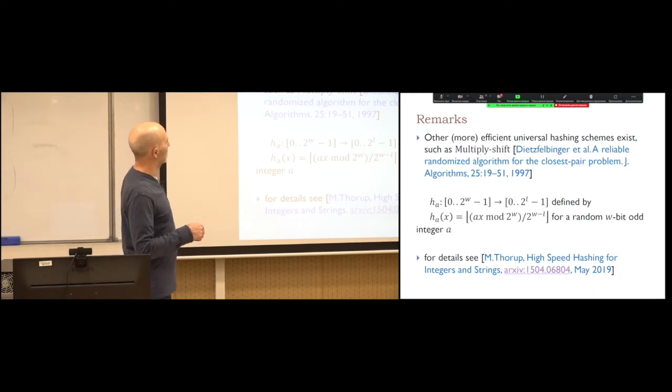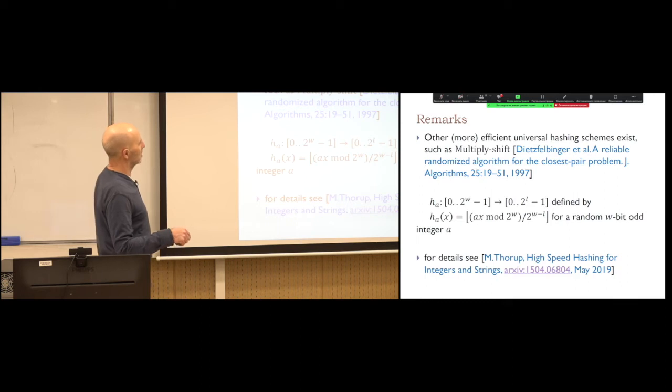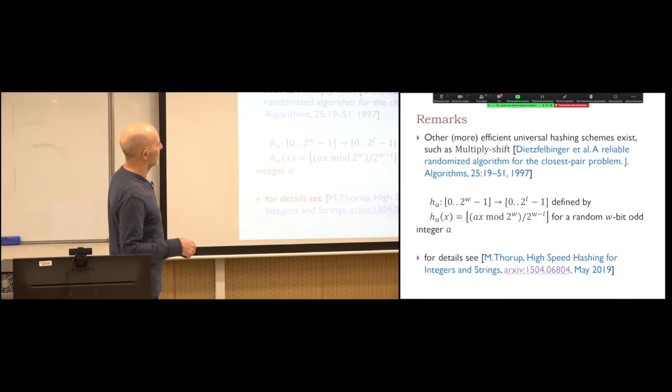And here is yet another construction which is actually very simple. I don't remember if it's strictly speaking universal or maybe close to universal, but the construction is simple. What we do is we multiply our key x by a random number a.